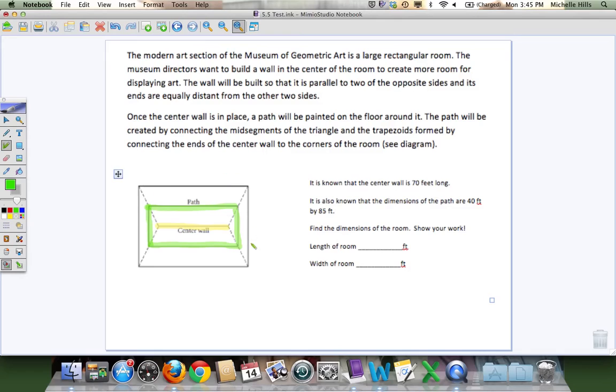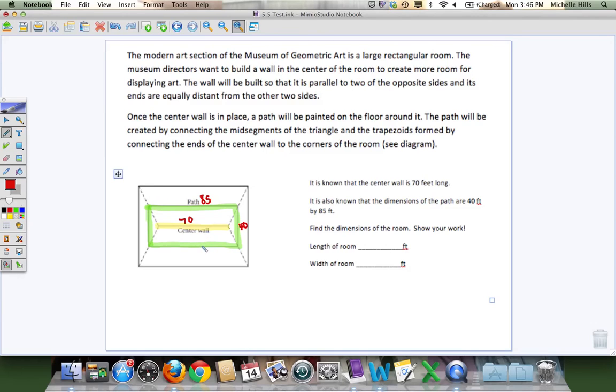And they probably also have pictures on the outside walls of the room out here. Well, it says the center wall is 70 feet long. So I'm going to mark that this is 70 feet. The dimensions of the path are 40 feet by 85 feet, so this has to be 40 feet. This has to be 85 feet.